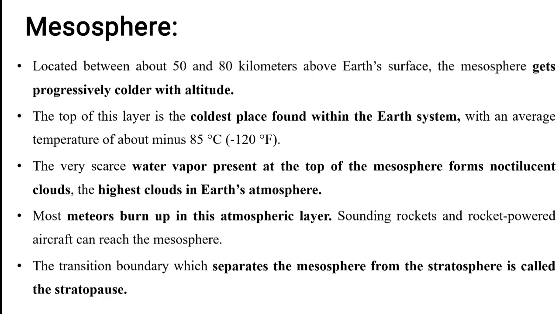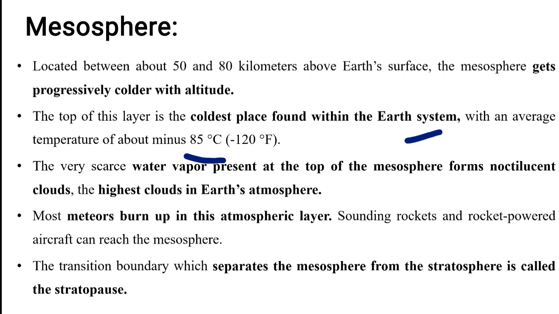Then mesosphere. This layer is located about 50 to 80 kilometers above the Earth's surface, and mesosphere gets progressively colder with altitude. The top of this layer is the coldest place found within the Earth system, with an average temperature of about minus 85 degrees Celsius, that is minus 120 degrees Fahrenheit.